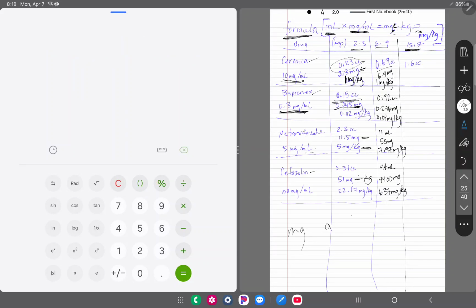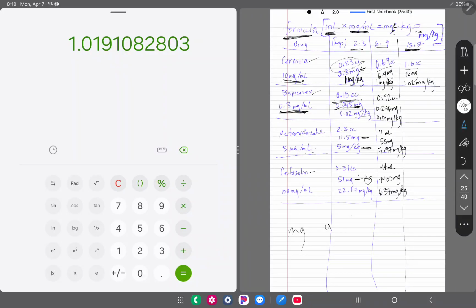Going back again, if I just start randomly picking numbers, 1.6 mils of Serenia I'm going to give to that animal. Now if I take that times mg per mil, the concentration written on the bottle, that gives me 16 mg. Then I divide that by kilograms of the animal, 15.7, and I get 1.0, let's round to mg per kg.